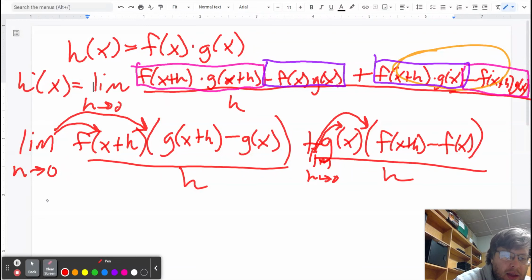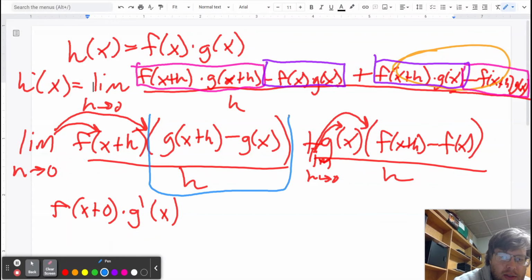And so I'm not going to write out the word limit 4 times, but that's what you'd do. What we end up with is f of x plus 0 times g prime of x, because that's the definition of this stuff right here. That's g prime of x.